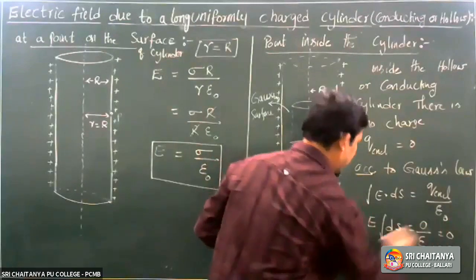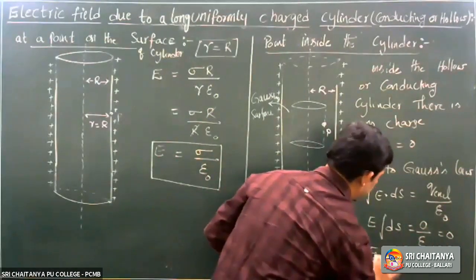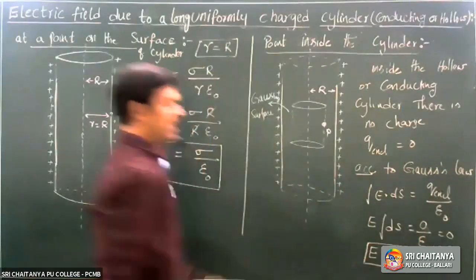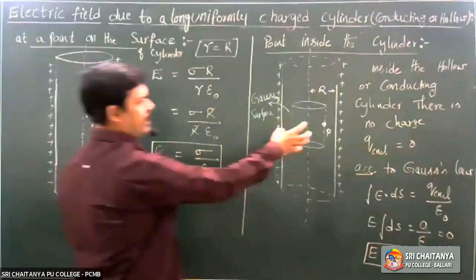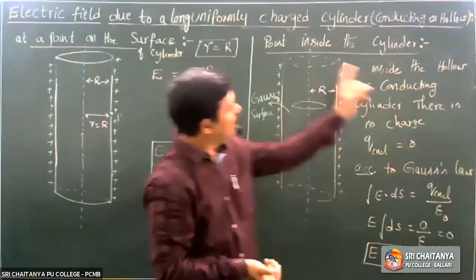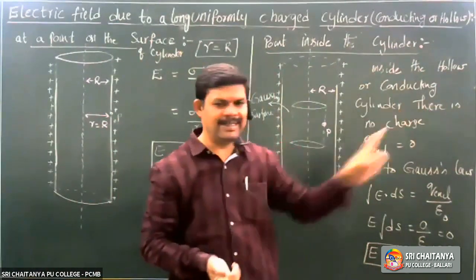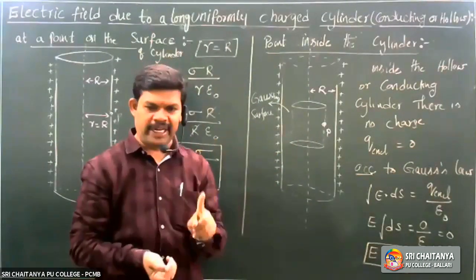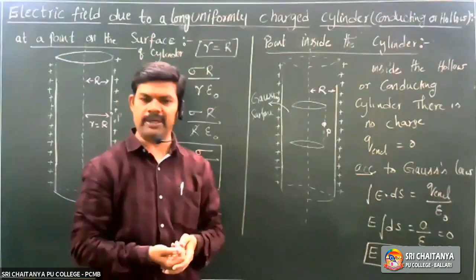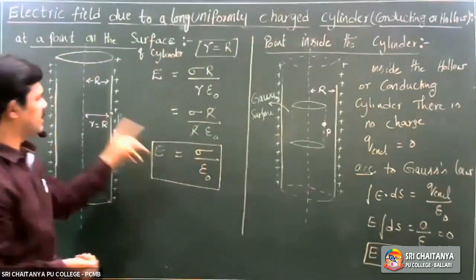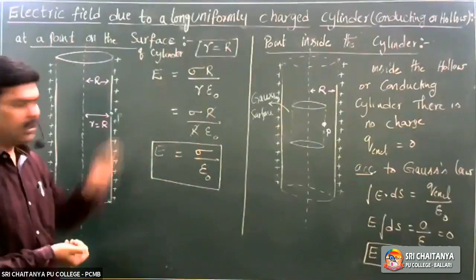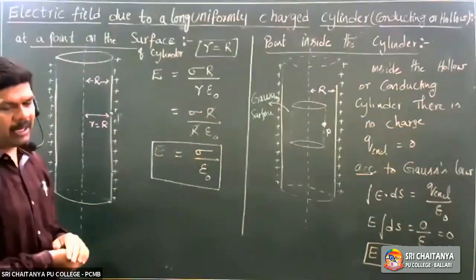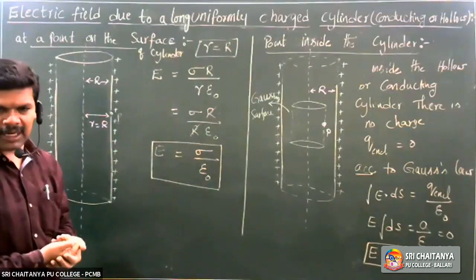If E integral dS is equal to 0, E is 0. So inside a hollow or conducting cylinder, what is the electric field? 0. Remember, on the surface, sigma by epsilon naught. At any point outside, sigma R by small r into epsilon naught.